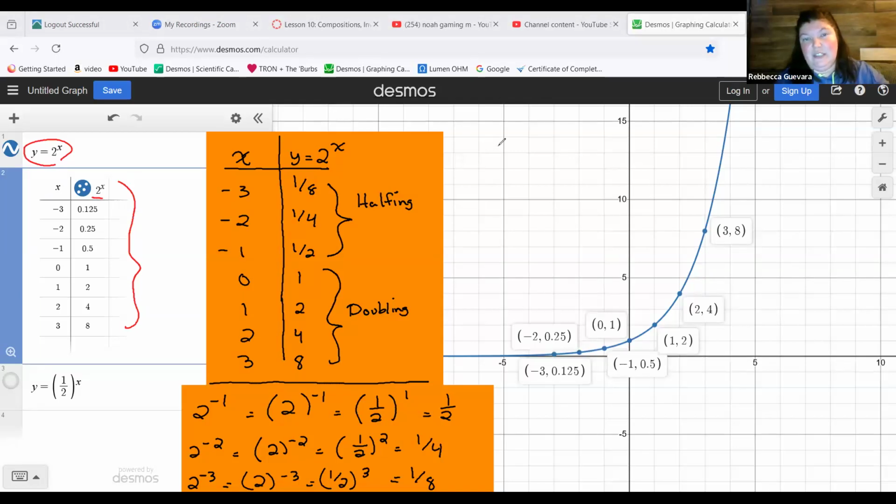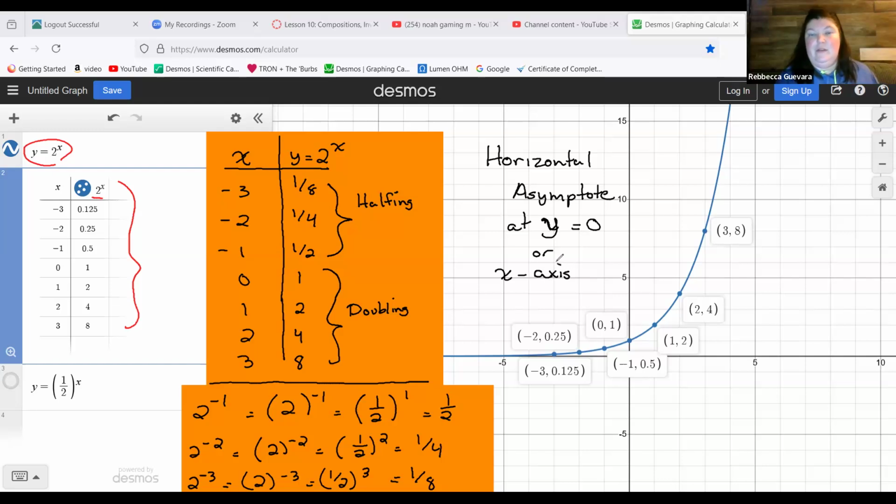So what we see here is that we have a horizontal asymptote at y equals 0, or you can say the x-axis. That's generally your baseline. If you just have 2 to the x, 3 to the x, 1/2 to the x, you're going to have that horizontal asymptote at y equals 0.